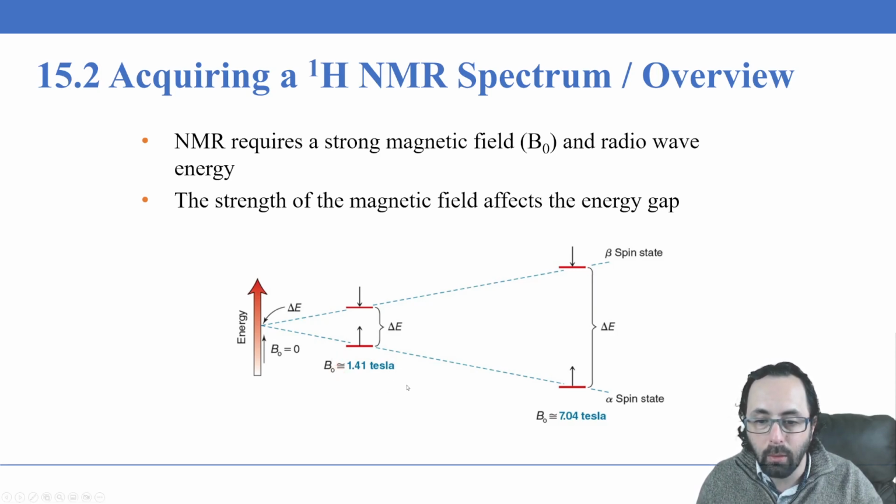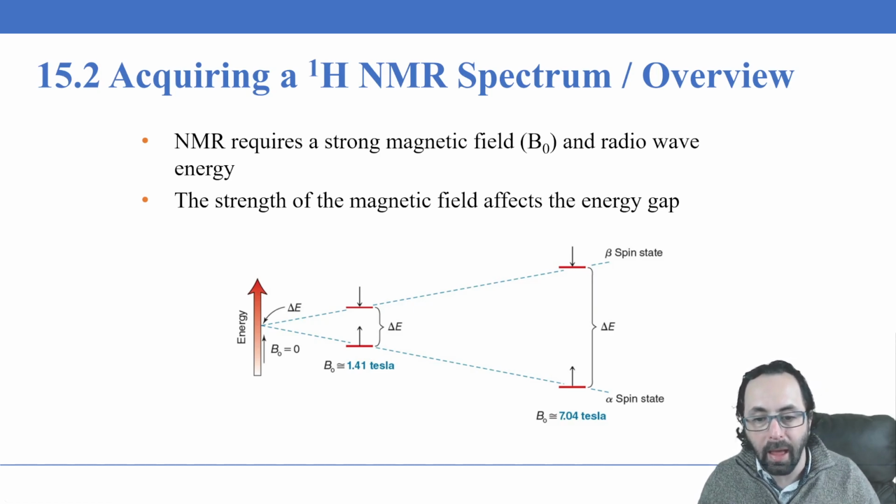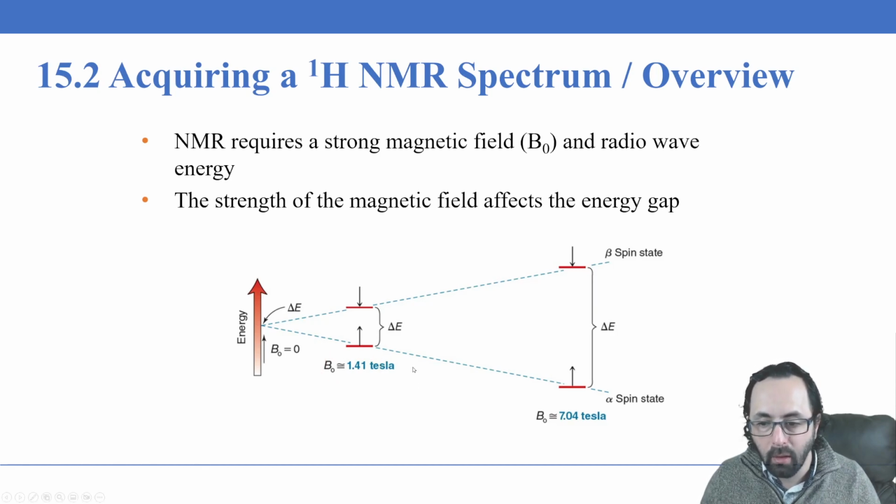So we have the early days nuclear magnetic resonance spectrometers, and the one that we have in our lab, which is a newer one, but is a smaller desktop version, operates at about a 1.41 Tesla magnetic field. The newer and higher powered NMR machines than the ones you might encounter when you go to a big university later on, like UCR or somewhere else, tend to operate on a magnetic field of 7 or sometimes even higher Tesla.